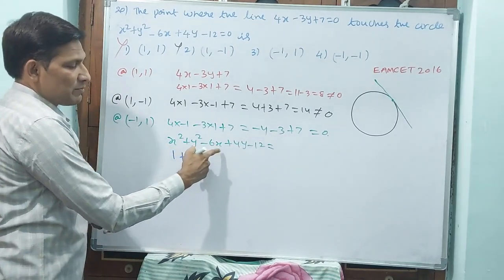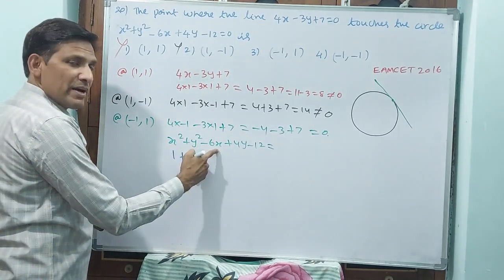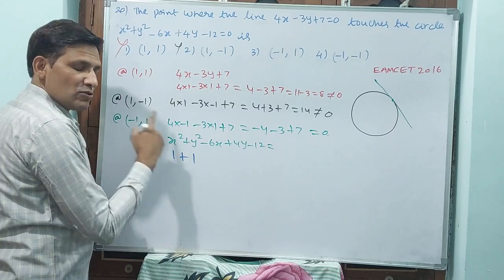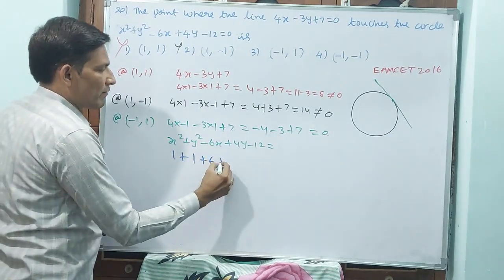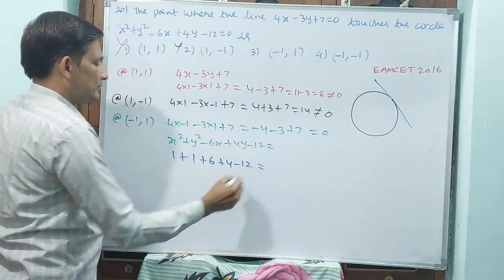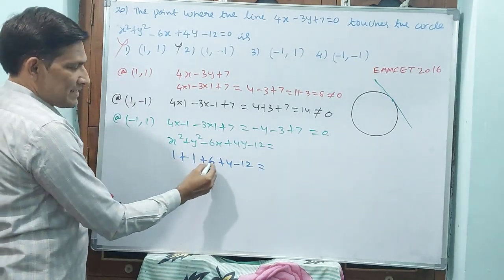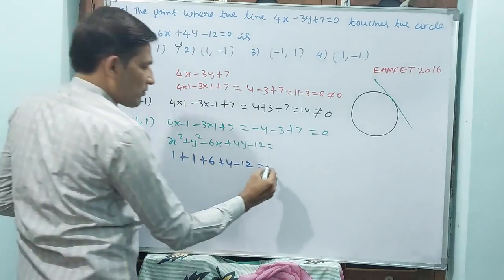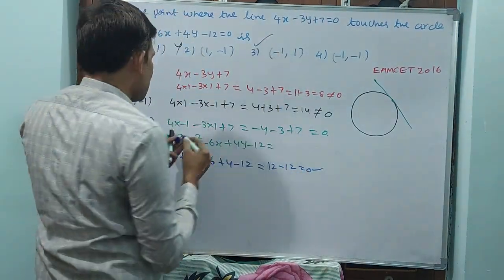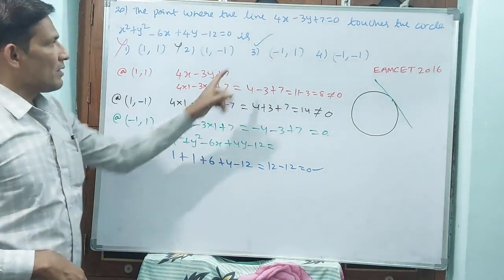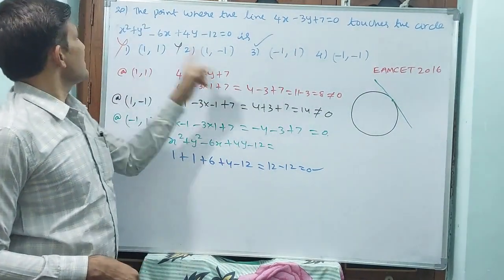See, minus 6x, x is already minus, minus into minus is plus. Minus 6 into minus 1 is plus 6. 4y, 4 into 1, minus 12. 2 plus 6 is 8, plus 4 is 12, minus 12 is 0. That means this satisfies both. Minus 1 and 1. That is why the answer is the third one.